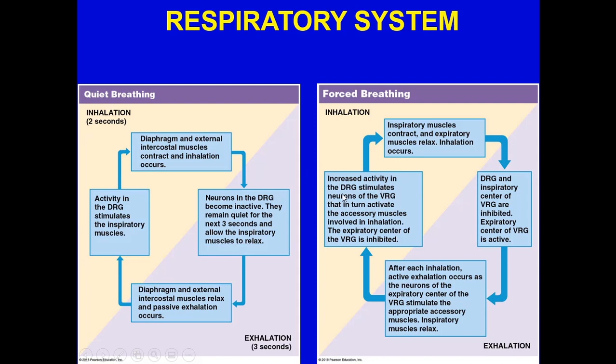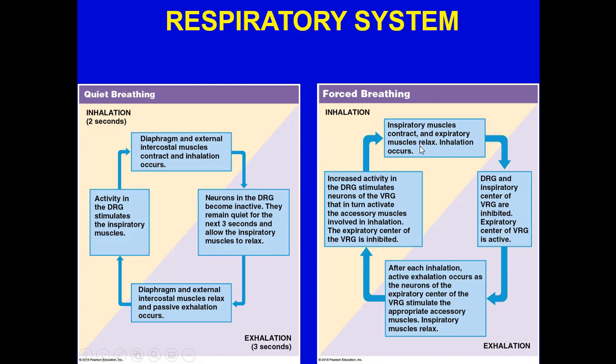So you have increased activity of DRG stimulates the neurons of the VRG that in turn activate the accessory muscles involved with inhalation. Expiratory center of the VRG is inhibited. Inspiratory muscles contract, expiratory muscles relax, inhalation occurs. DRG and inspiratory center of the VRG are inhibited. Expiratory center of VRG is active.